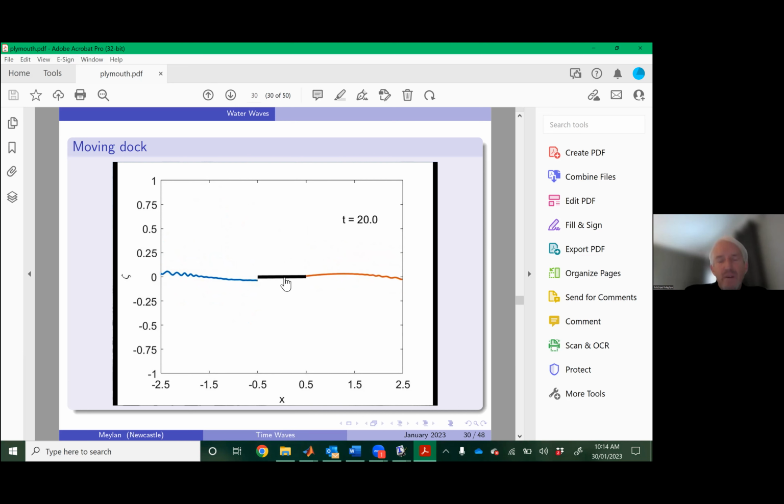Then you can keep time stepping using the linear theory, which does work very well, using this method, because it allows you to time step from that initial condition. So you've got a system that at some point changes dramatically, and that dramatic change can happen at an unknown time. You could send the waves in, and that comes back to that problem of the ice breaking.